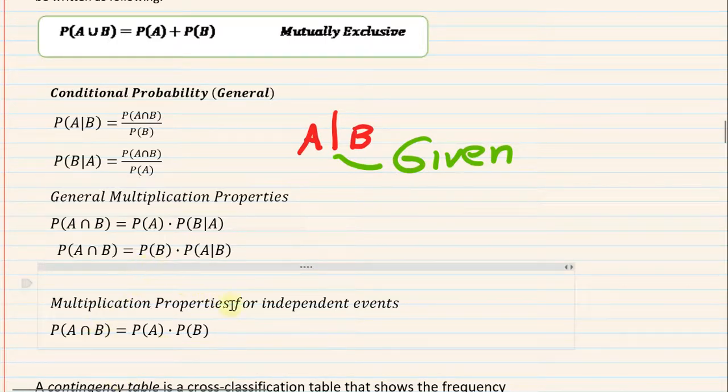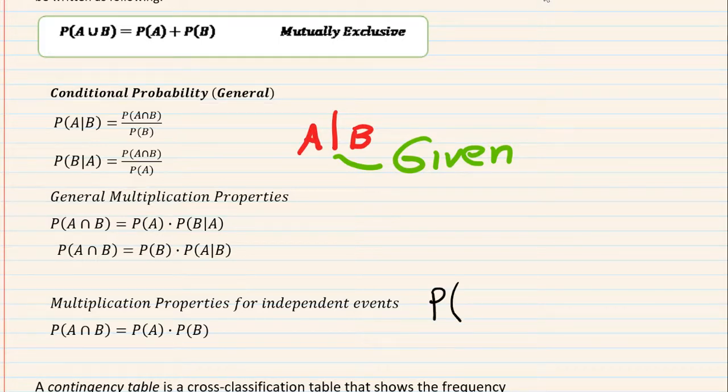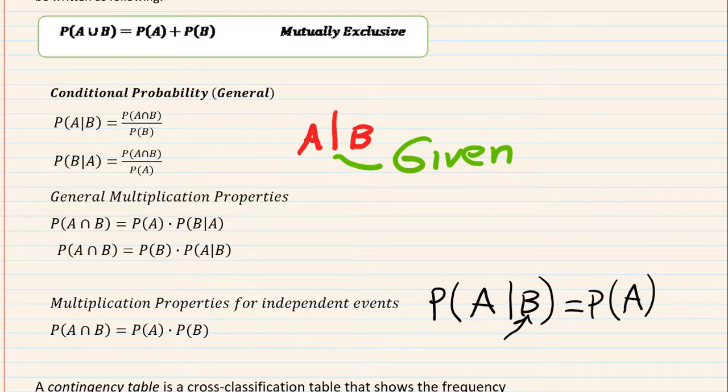So what if two events are independent? Well, if they're independent, then the given makes no difference, adds no information to us. In other words, the probability of A given B has occurred will be just the probability of A. That given part adds no information to the probability of A, whatever it is going to remain.